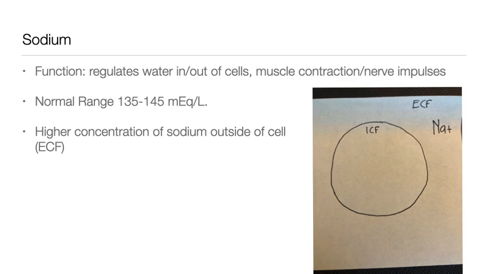Our normal range for sodium is 135 to 145 milliequivalents per liter. This range is pretty specific, and values outside this range can indicate some severe problems. As we said, the higher concentration of sodium is outside the cell.